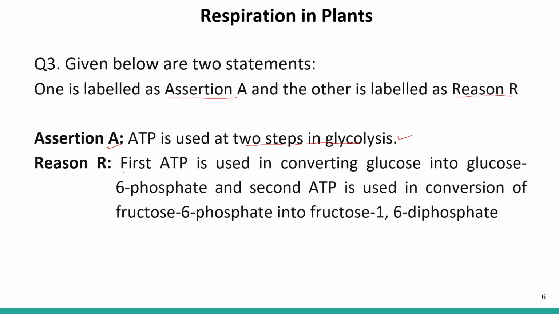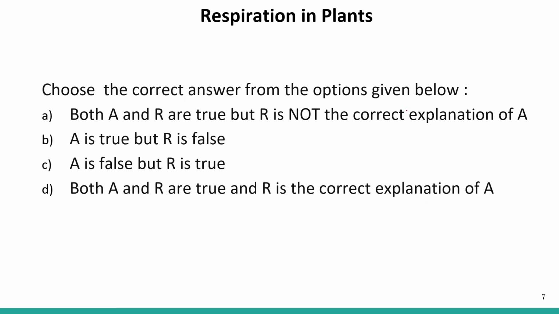Alright, and second they are saying the first ATP is used in converting glucose into glucose 6-phosphate. Yes, and the second ATP is used in the conversion of fructose 6-phosphate to fructose 1,6-diphosphate. Alright, so these are the options. You have to choose the correct answer from the options given below.